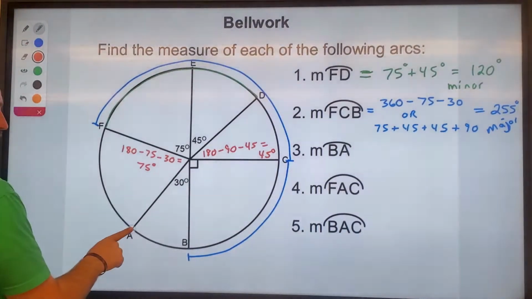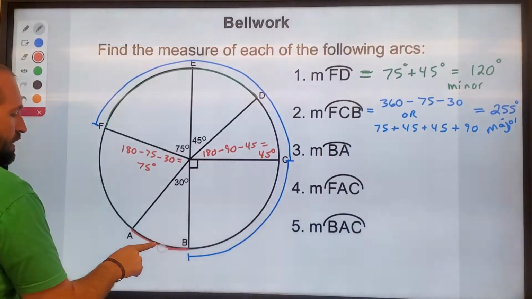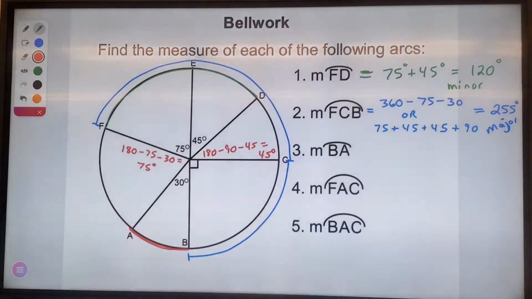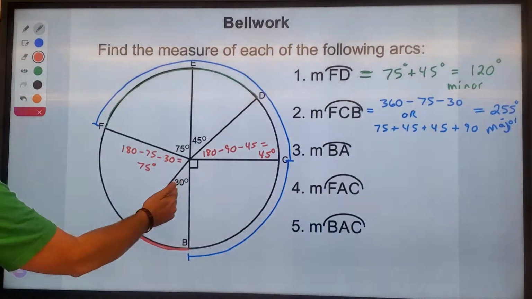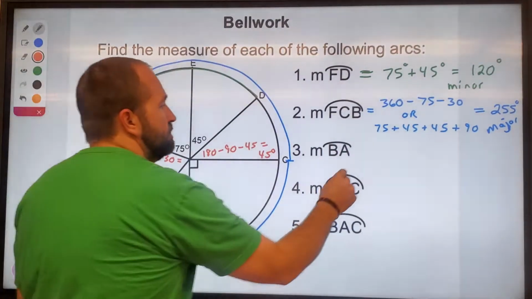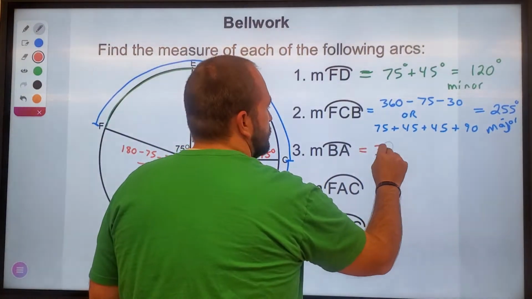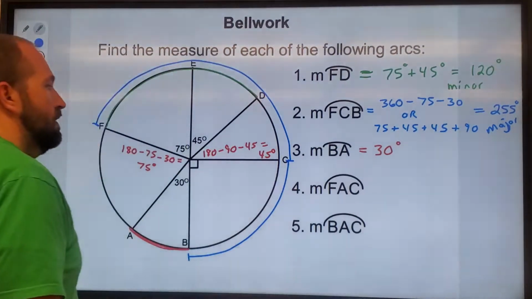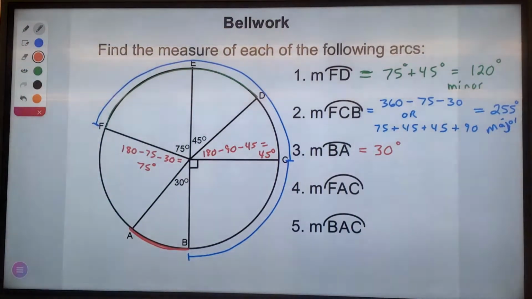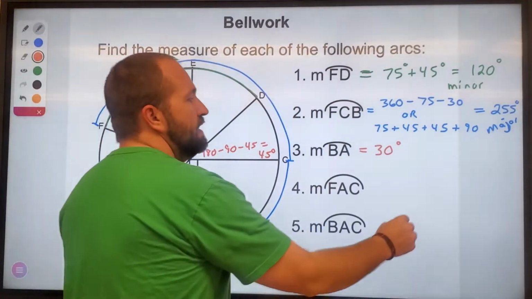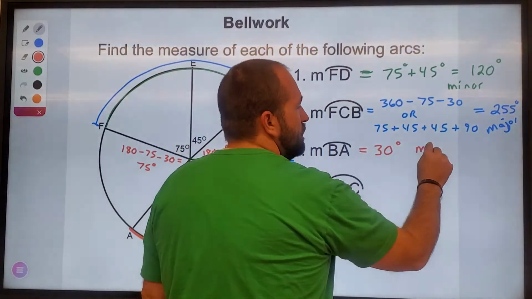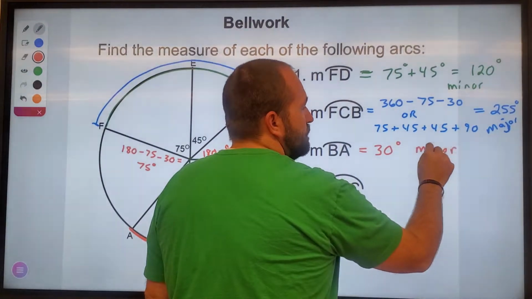BA is from here to here. Okay, so the value of that is just the same as the central angle, so that is the 30 degrees. Okay, and again, if I classify that, then that would be less than 180 degrees, which would make it a minor arc.